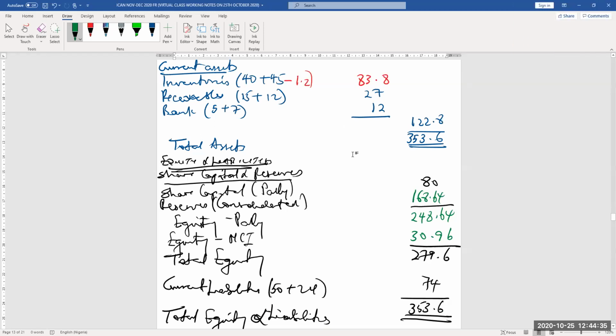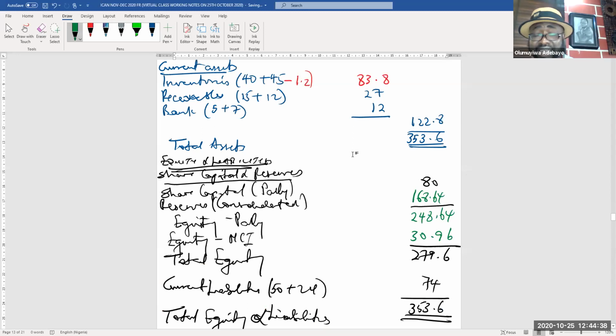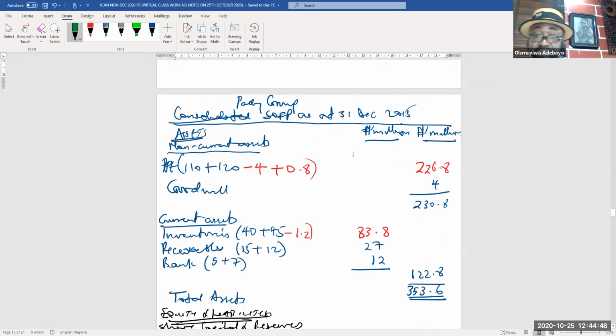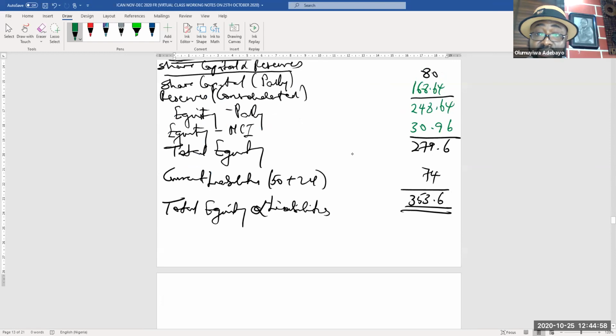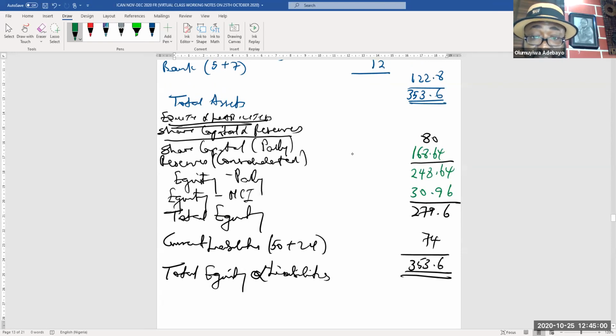Somebody will say, but even if I make that mistake, I'll lose. You will lose substantial marks, because I've told you earlier, the critical things that they will mark here are the following. This is the first critical thing that will be marked. This is the second critical thing that will be marked. This is the third that will be marked, and this carries the highest mark. And this is the last thing that will be marked.